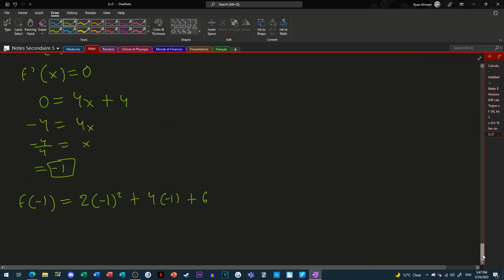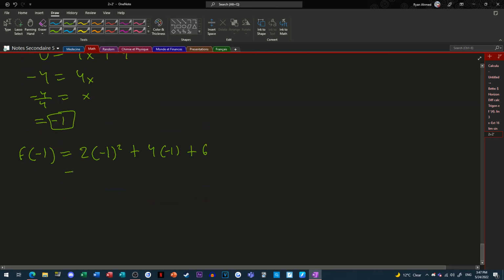Minus 1 squared is 1, so 2 times 1 is 2, 4 times minus 1 is minus 4, plus 6, that's 4. So you found the coordinates of your vertex: minus 1, 4.